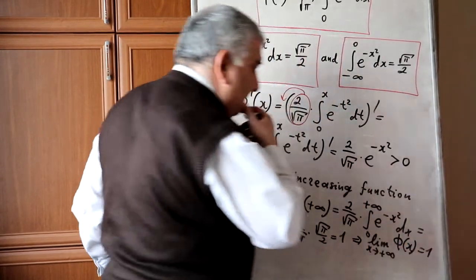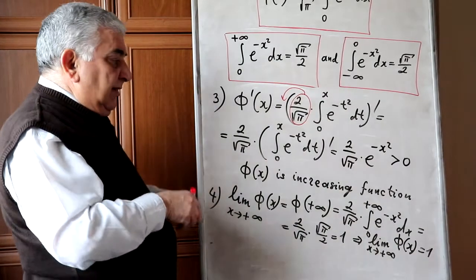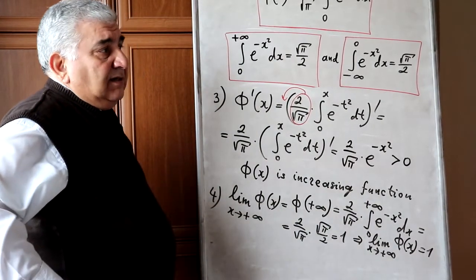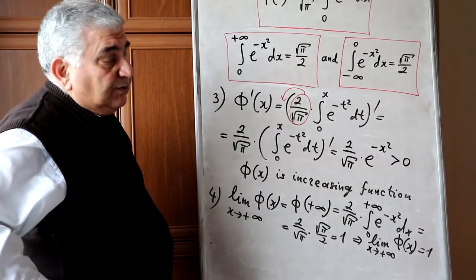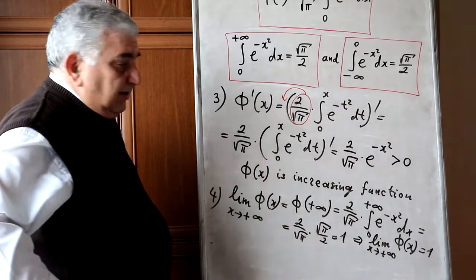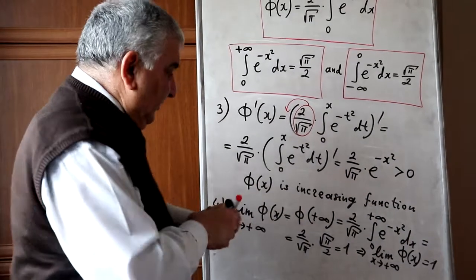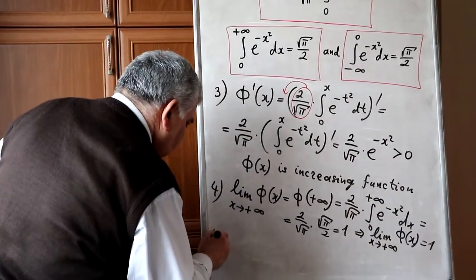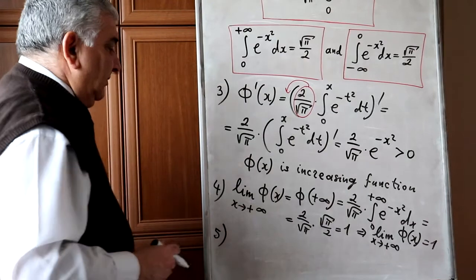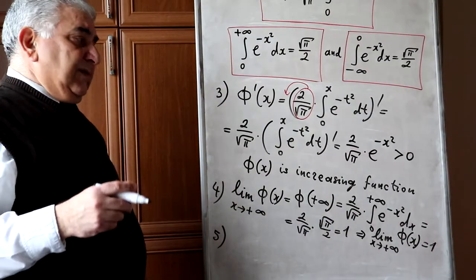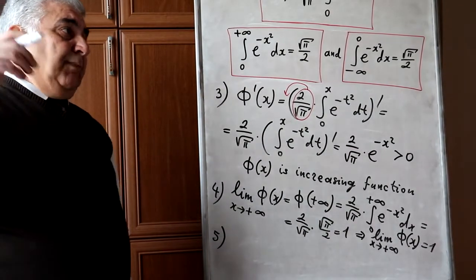Which means the horizontal line y equals 1 is the horizontal asymptote. And finally, consider the last property, fifth property, and investigate behavior of the function phi of x at minus infinity.